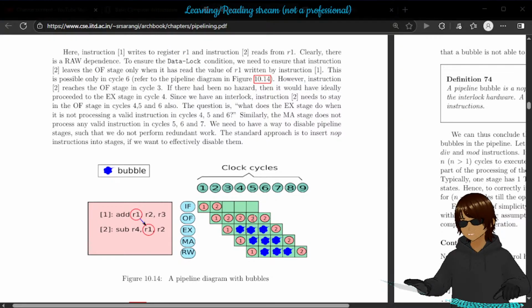So in cycle 5, 2 is here, 1 is here, and 1 is writing to the register. And then 2 is over here. 2 can now properly read the operands from the register, and then in cycle 7, it moves down to the execute stage.